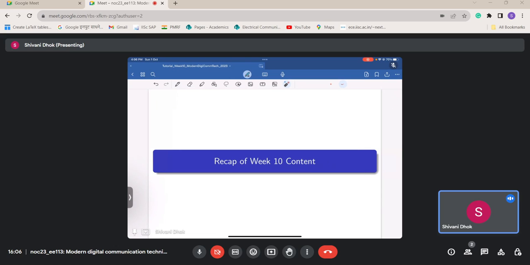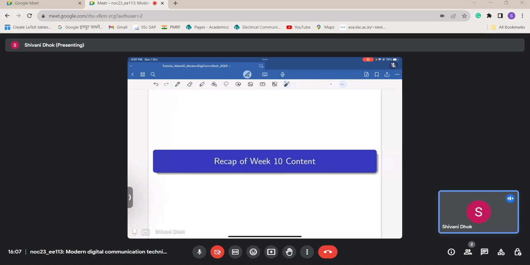Before going ahead with the recap of this week's content, I would like to mention that in the previous week, week 9, we focused on optimal decision rules. We looked at the maximum likelihood rule and maximum a posteriori rule for detection at the receiver end. The next thing is to evaluate the performance of those decision rules.